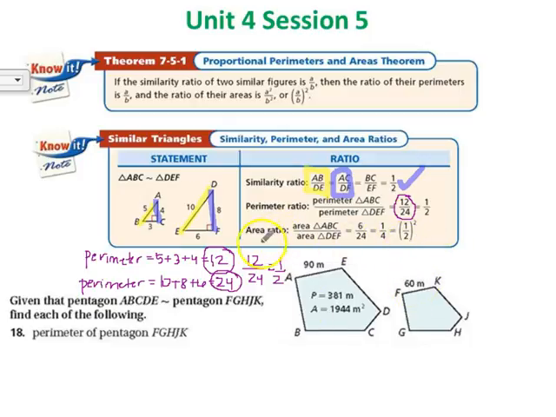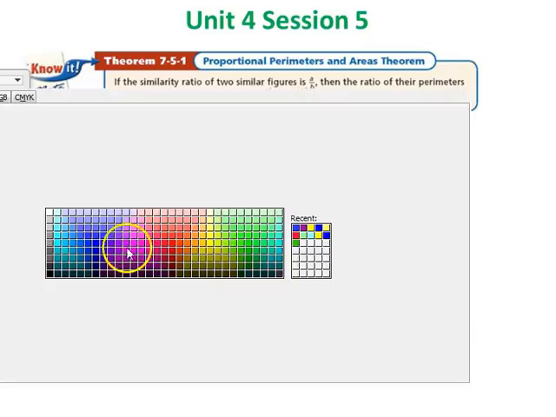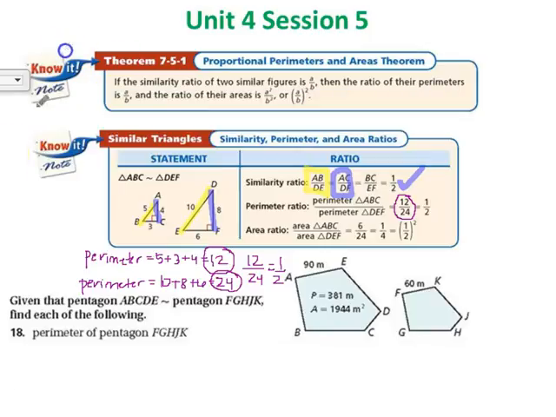We're going to find the area of triangle ABC. Remember, a quick review: area A equals 1/2 base times height, and the height and the base have to form a right angle so that you know which is the base and which is the height.